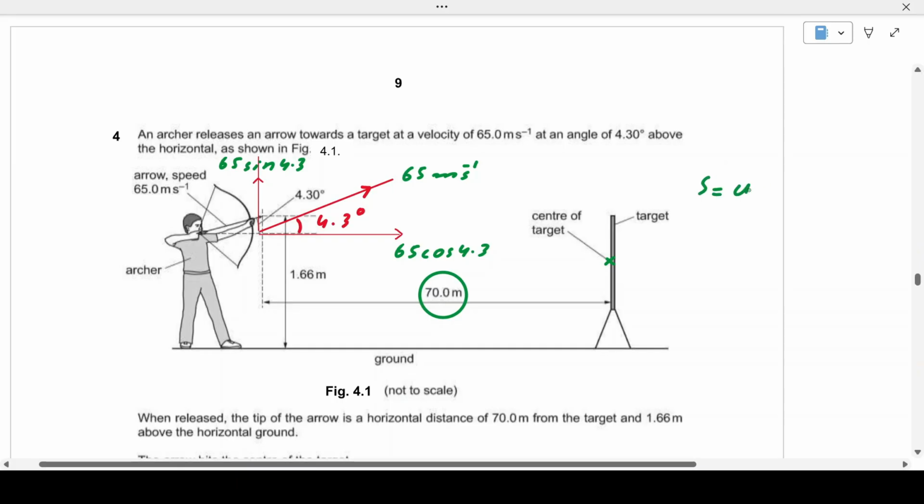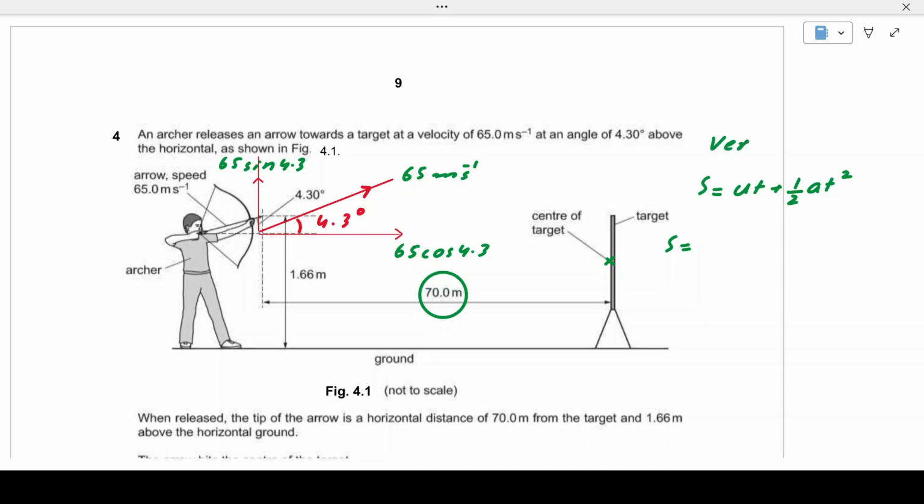s = ut + 1/2 at². So displacement needs to be found out. We are using the vertical motion only.